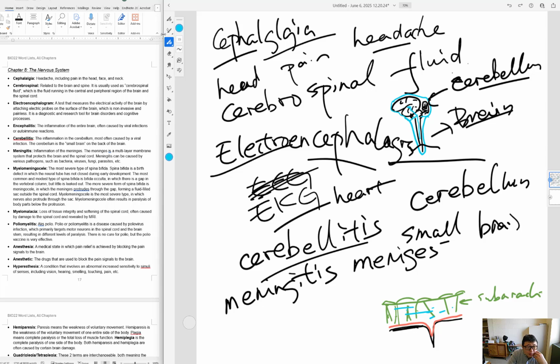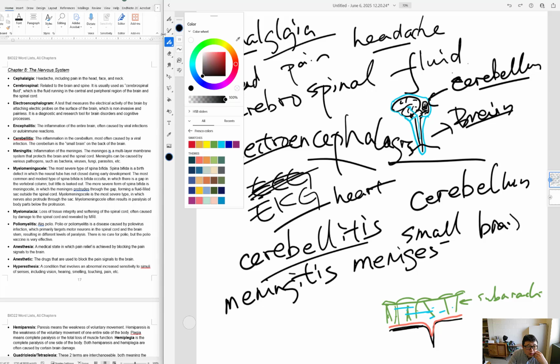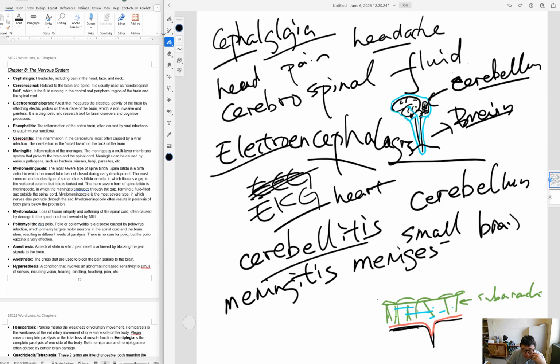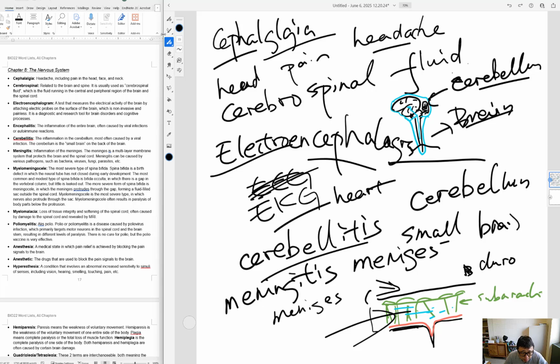And above the arachnoid is the dura mater. The dura mater, you may have heard of the epidural. That's the injection above the dura mater. It is the hardest one. The whole thing is called the meninges, and meningitis means the infection of the meninges. Sometimes it may be lethal because it causes a huge inflammation that can even damage the brain.